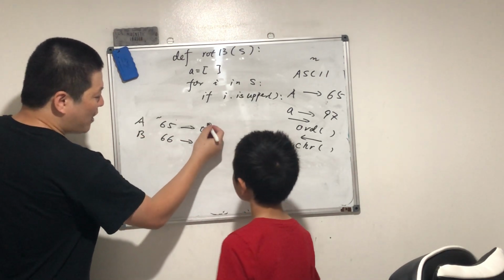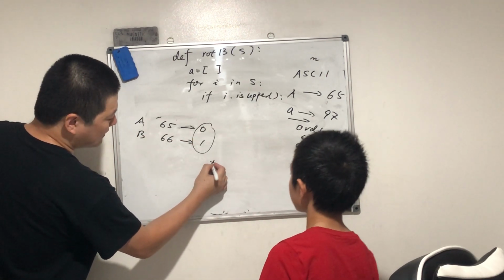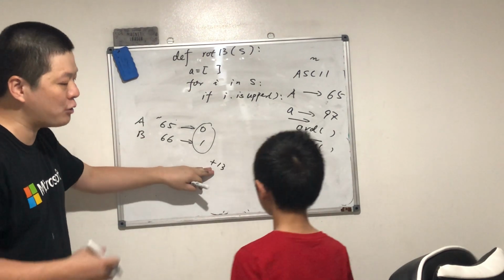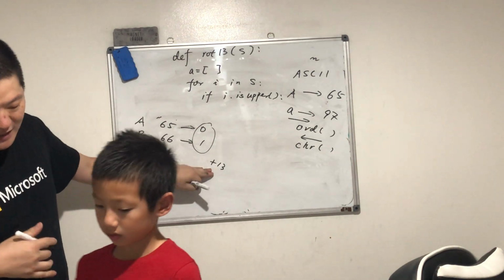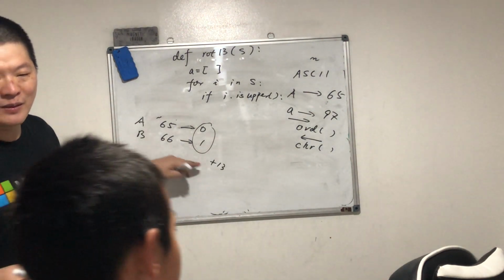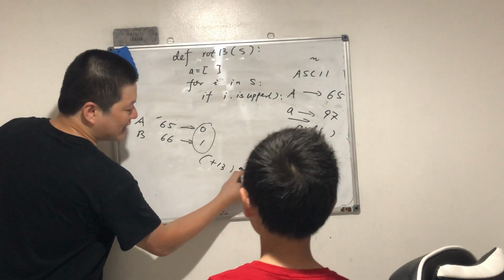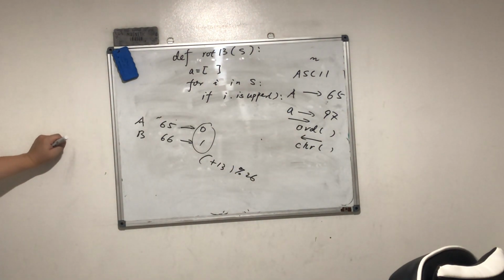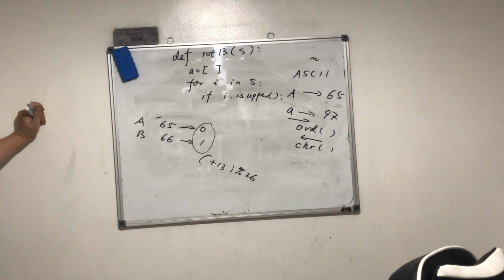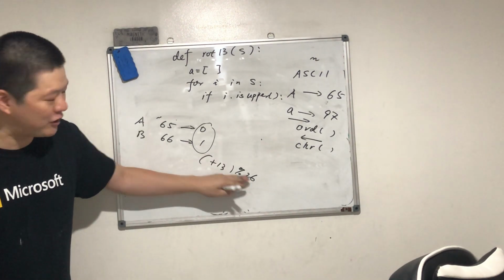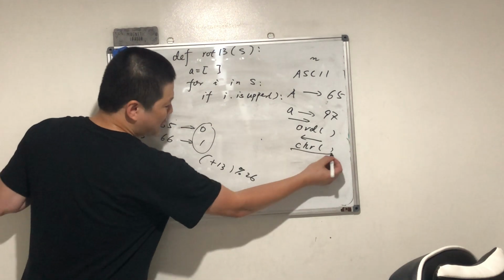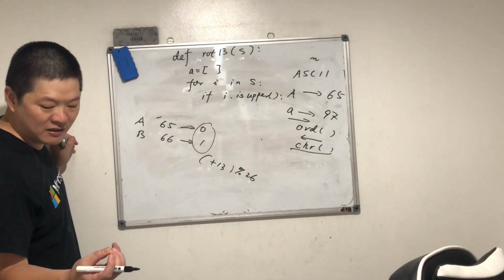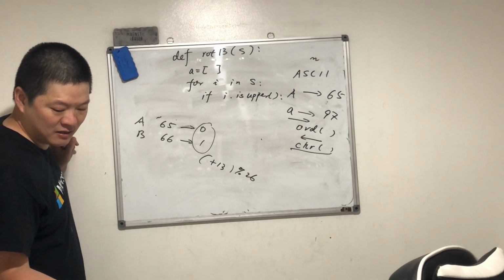First we get this number, then we add 13, because A maps to N. But it could be more than 26, then we take modulo 26. If it's 26, it goes back to the first one. Does it make sense? Then we get this number and use chr to get the corresponding encrypted version.